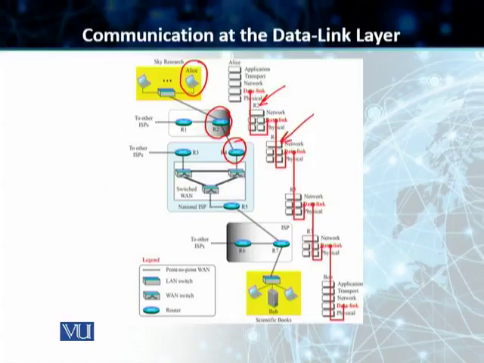Then your R4 is part of a switched wide area network, so it talks to router R5. R5 then talks to router R7, and finally router R7 talks to the data link layer of Bob's computer, which is via the default gateway that you can see here.